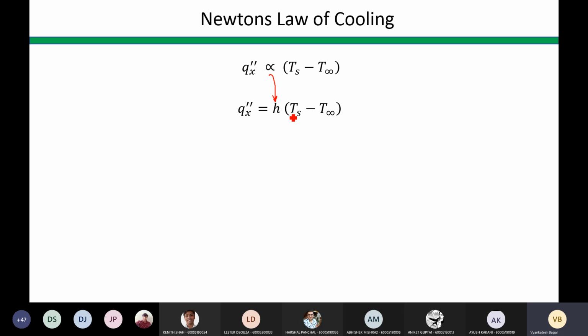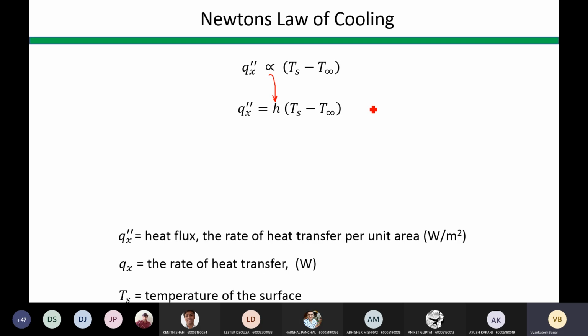So you can formulate the expression for the heat transfer by radiation in such a way that you can represent this quantity in case of radiation also. In that case, we will call it a radiative heat transfer coefficient. For the time being, just remember this h is simply the heat transfer coefficient or convective heat transfer coefficient.